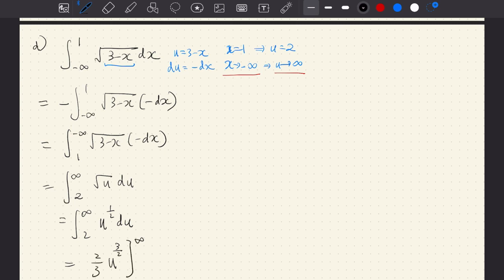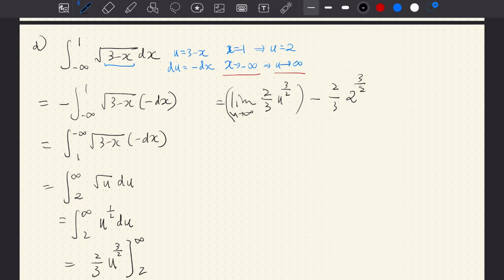And here you have infinity and 2. So now we have to evaluate this function at infinity, or rather its limit toward infinity, and at 2. This is equal to the limit as u goes to infinity of 2/3 u to the 3/2, minus 2/3 times 2 to the 3/2.